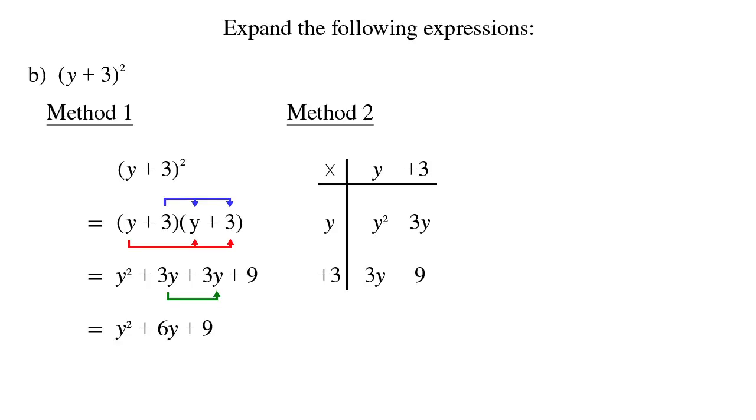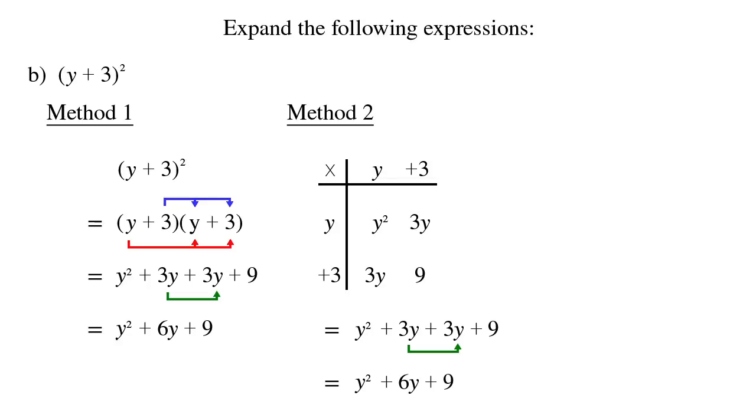We write out our answers in a line, y squared plus 3y plus 3y plus 9. Again, we can simplify by adding the like terms, 3y and 3y. And that gives us y squared plus 6y plus 9.